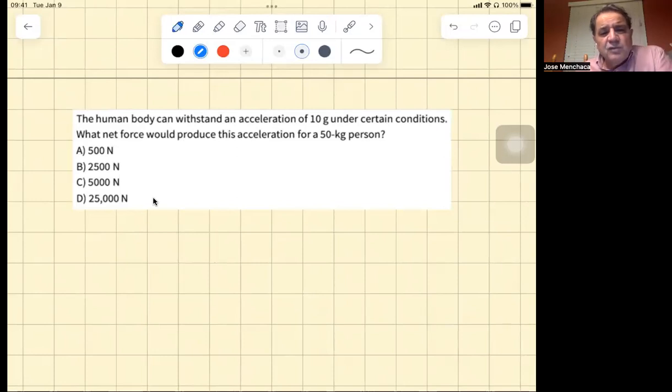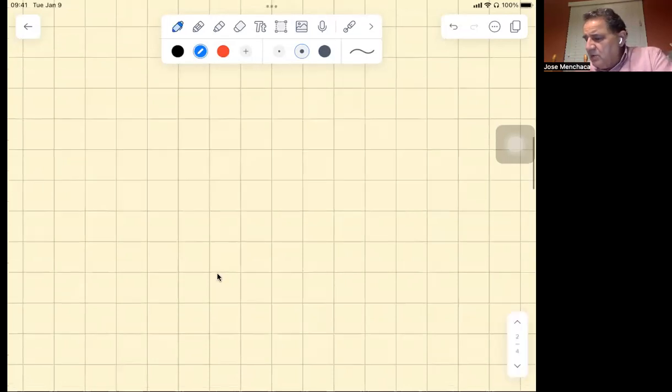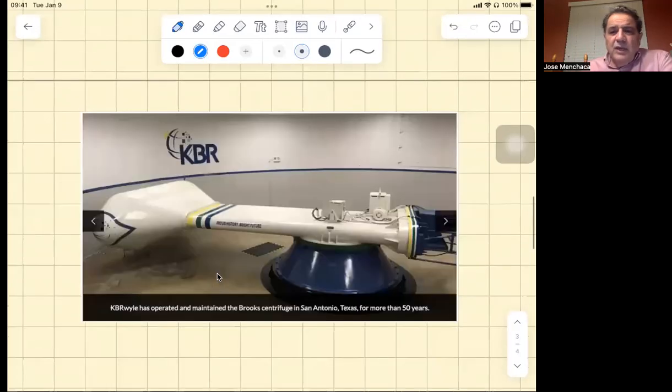Well, what net force would produce this acceleration for a 50 kilogram person? Well, first, let's look at what might cause it. And here in San Antonio, Texas, we have a human centrifuge. You read the caption, it says KBR Wyle has operated and maintained the Brooks Centrifuge in San Antonio, Texas for more than 50 years.